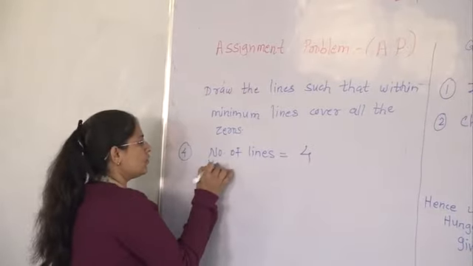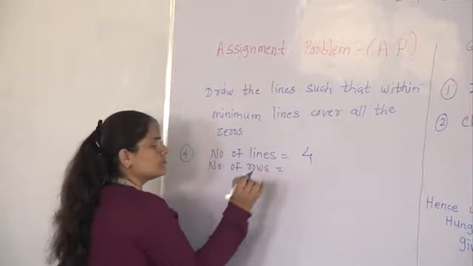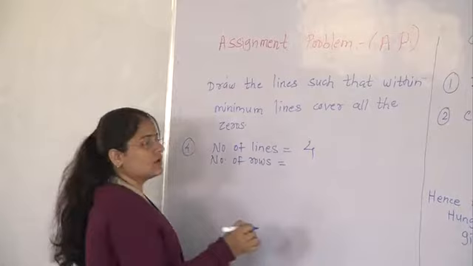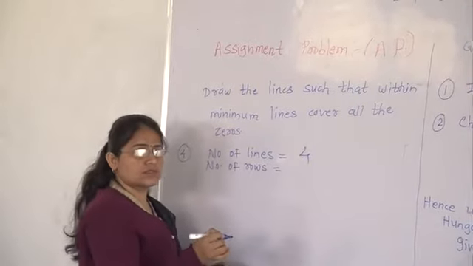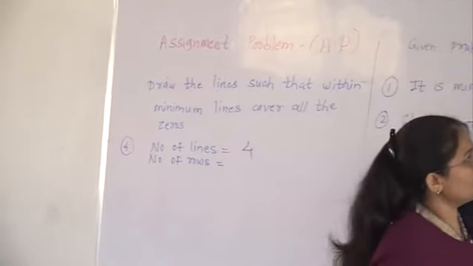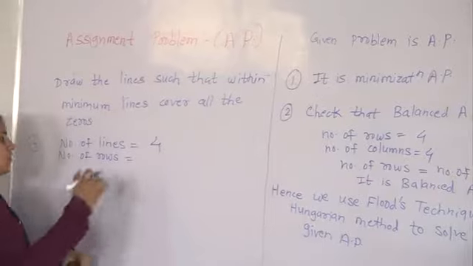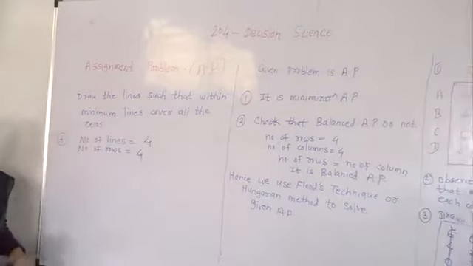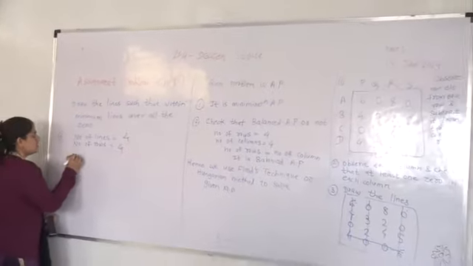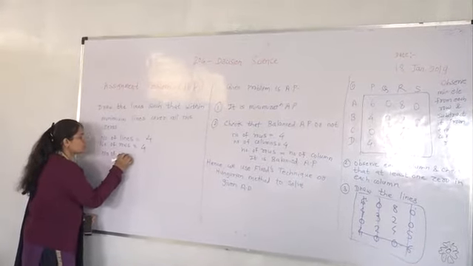How many rows? 4. Rows, how many are there? 1, 2, 3, 4. How many rows? 4. Yes. So here the number of lines is equal to the number of rows.